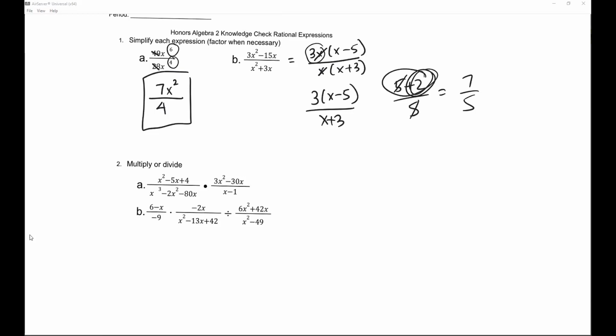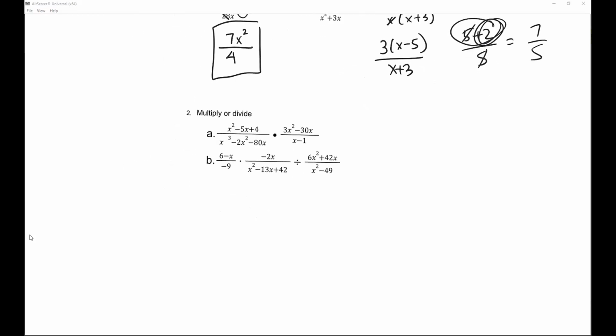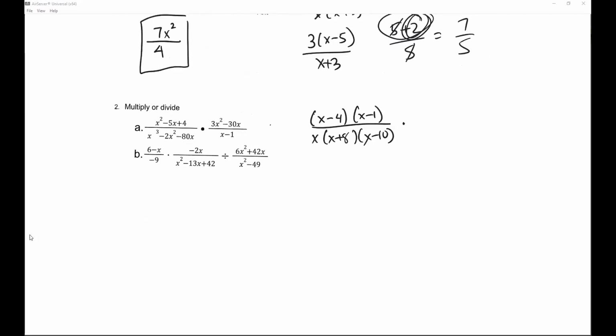All right. Number 2, here we go. So you factor this out. The factor at the top is x minus 4, x minus 1, over, you take out the x, and then it's x plus 8, x minus 10, times 3x over x minus 10 over x minus 1.